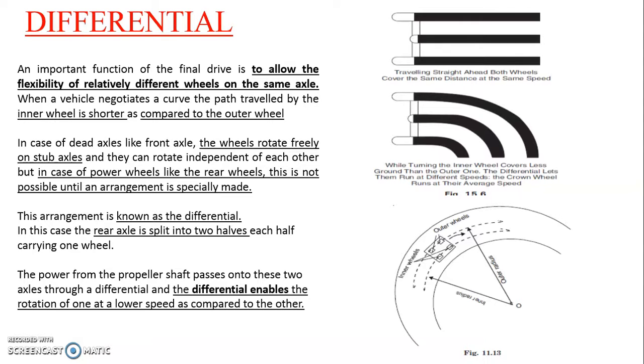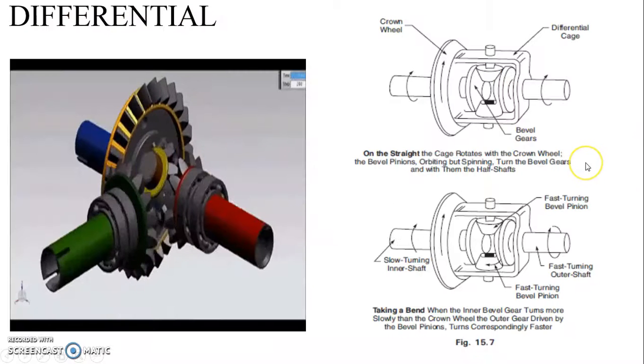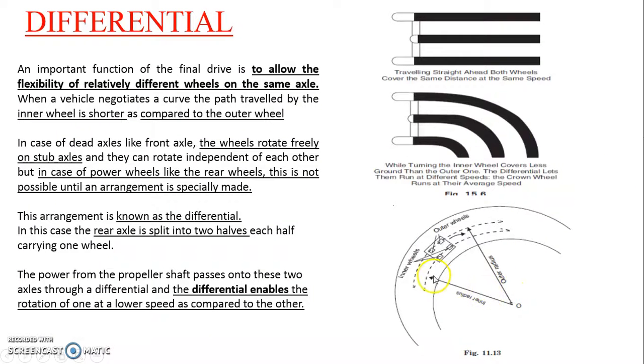Here you will observe the inner wheel and this is the outer wheel. This outer wheel has to travel more distance, which means it requires more power.